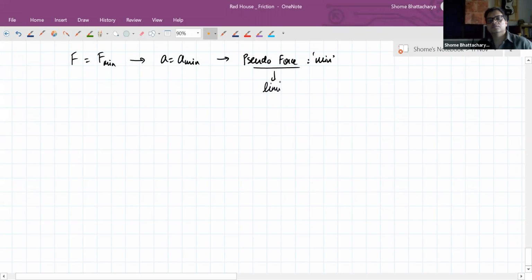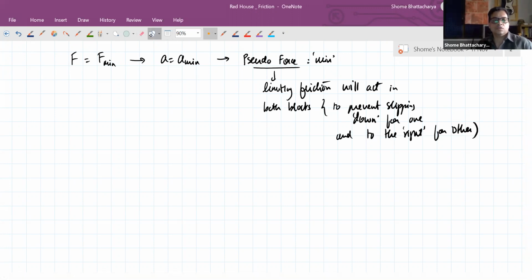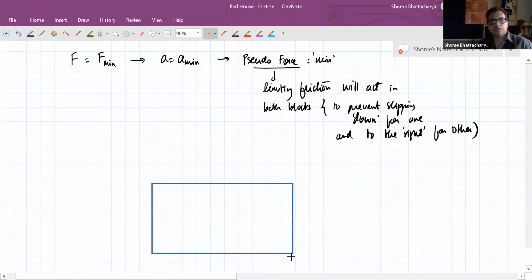Limiting friction will act in both blocks, okay, to prevent slipping down for one block and to the right for the other one. So once I make the free body diagram, this will become clear to you why this is the case.